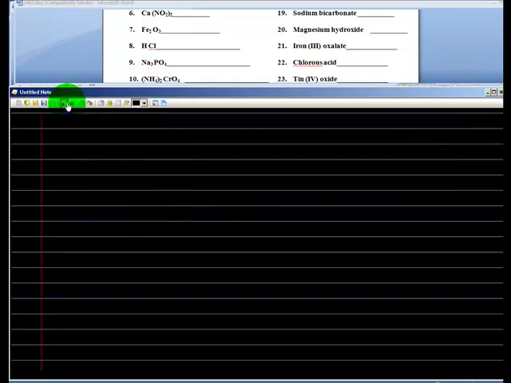Now let's move on to the next type, type 3, which is called the polyatomics. A good example of a polyatomic is going to be, let's see here, number 10. Let's make it so we can see a little better.